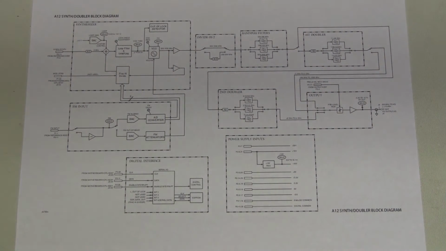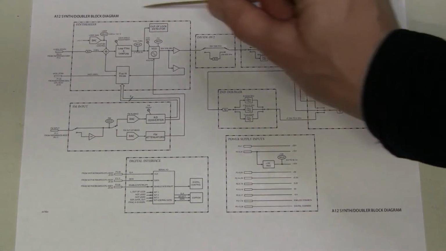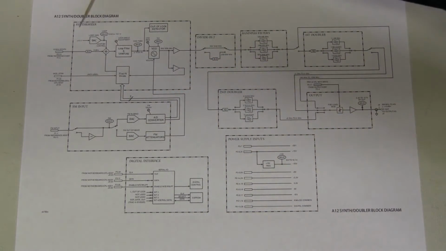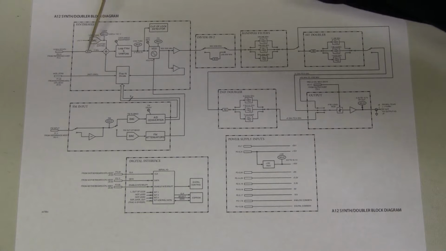I found the block diagram for the synthesizer board. Let's have a look. Here we have main fractional PLL synthesizer. The reference input is here, 10 MHz from the reference board.